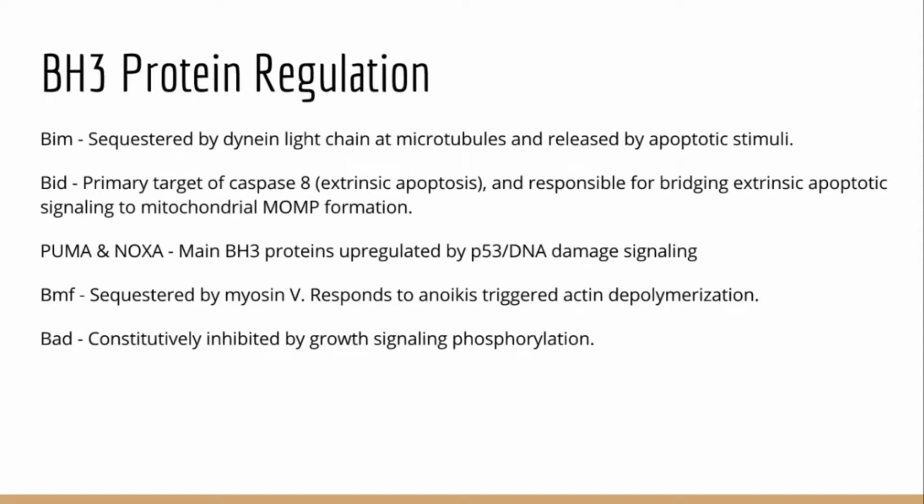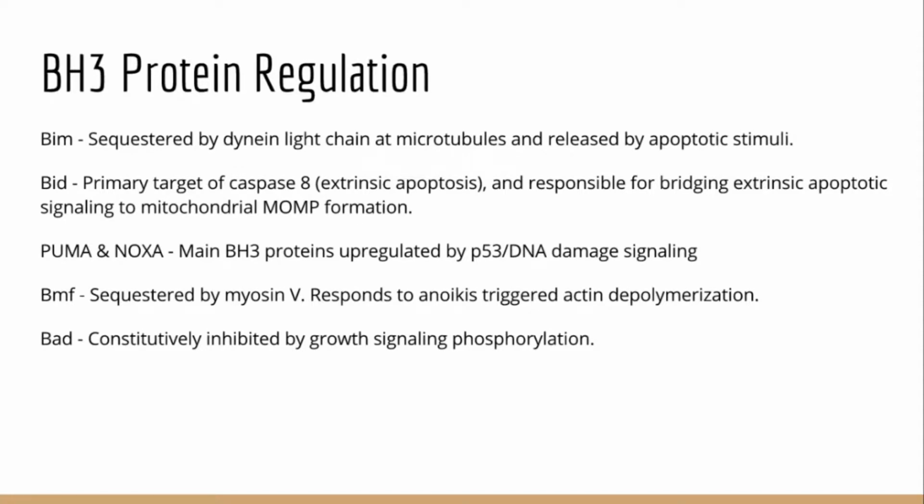And also there's BAD, an easy one to remember because it's bad for cell survival, and BAD is phosphorylated mainly by AKT or protein kinase B, and then is bound by a phosphoserine binding protein called 14-3-3, causing inhibition.